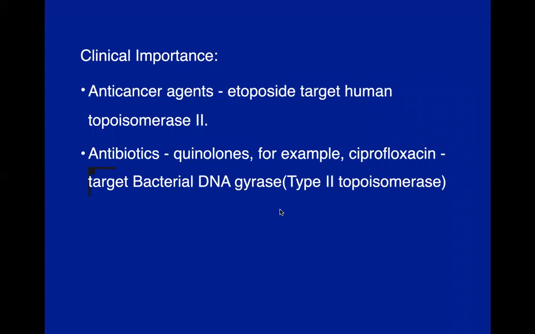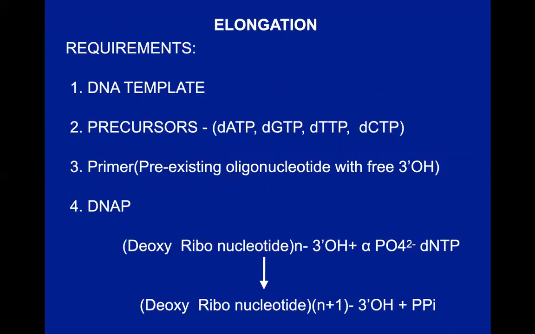So this is the clinical importance. So till now, we have seen about the initiation of replication: the unwinding enzyme helicase, how the supercoils are released by topoisomerases, and how the origin of replication is targeted. Next is elongation.